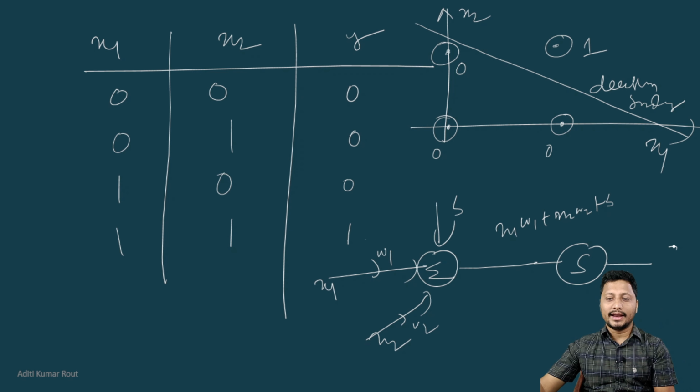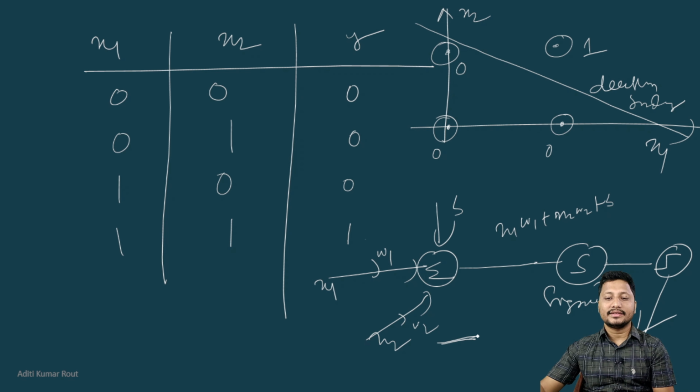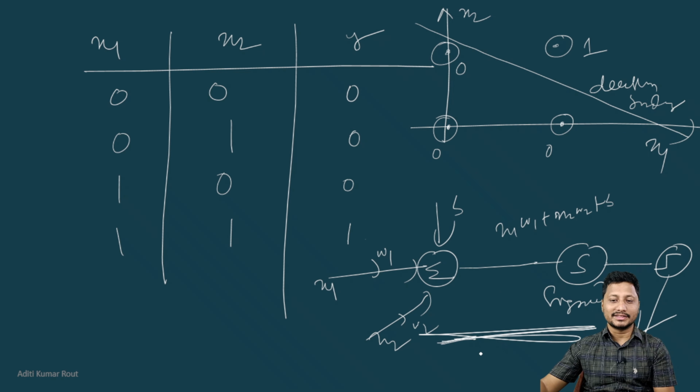Finally this is a classifier and it gives the output. This is the architecture we can implement using a single layer: the summation and the sigmoid, the basic artificial neural network.